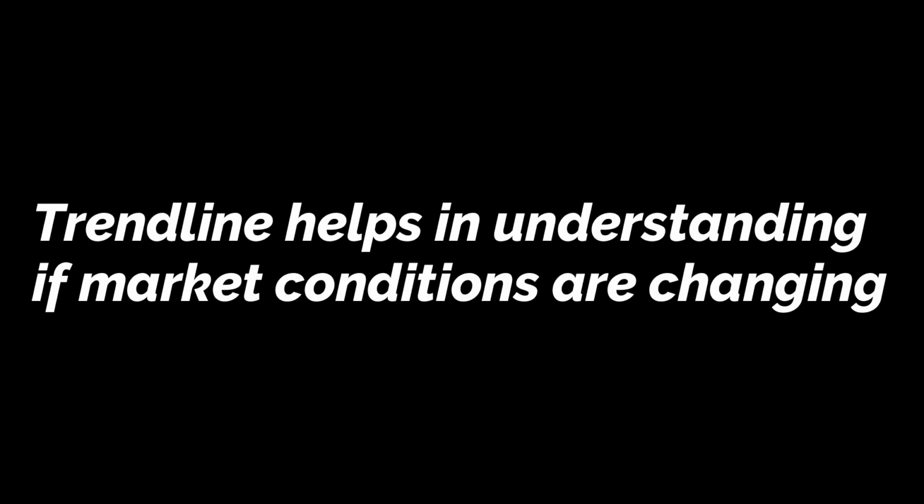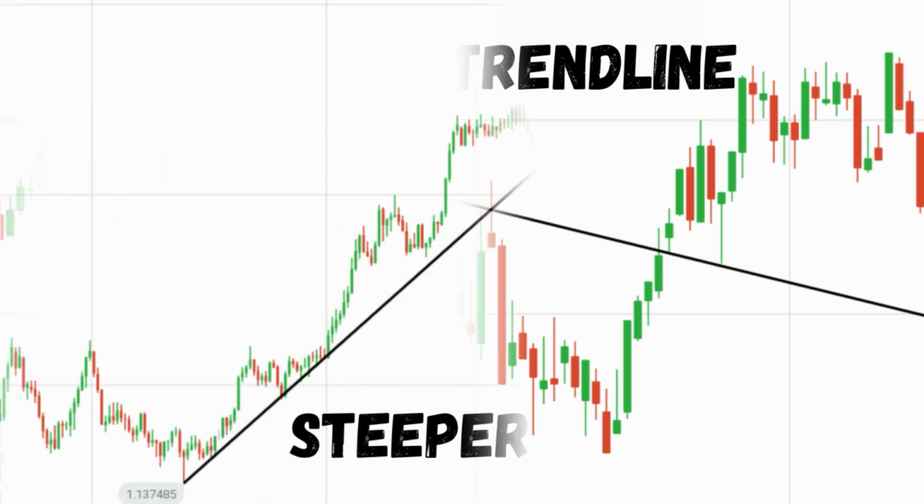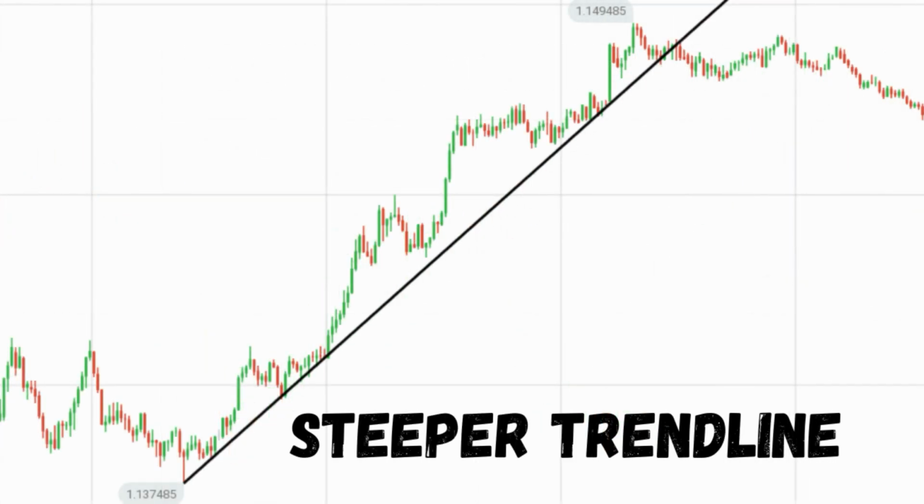All you have to do is pay attention to the steepness of the trend line. For example, if your trend line is getting flatter, it means the market is moving into a ranging condition. And if your trend line is getting steeper, it means the trend is becoming stronger. Knowing this is important because if you know market conditions are changing, you can adjust your trading strategy accordingly.